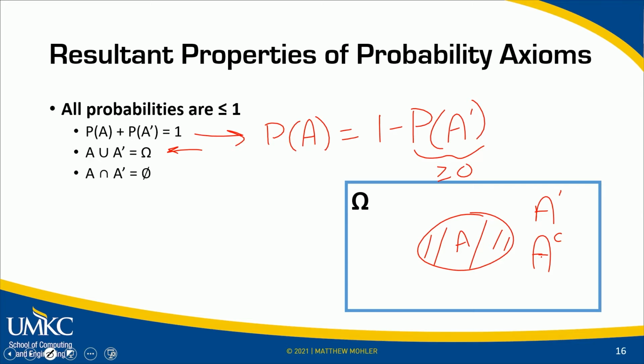From that, given that the probability of A is equal to 1 minus the probability of A complement, and that the probability of A complement has to be greater than or equal to 0, the probability of A must be less than or equal to 1. So again, this says in the most generalized case, and it follows for all cases, that the probability of A, or any probability, must be less than or equal to 1.